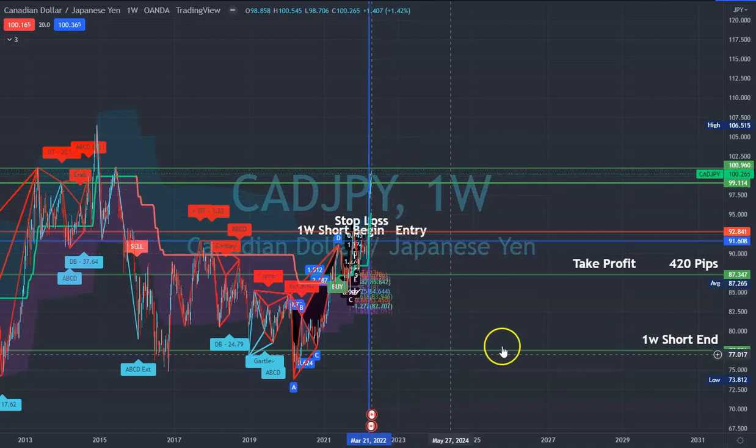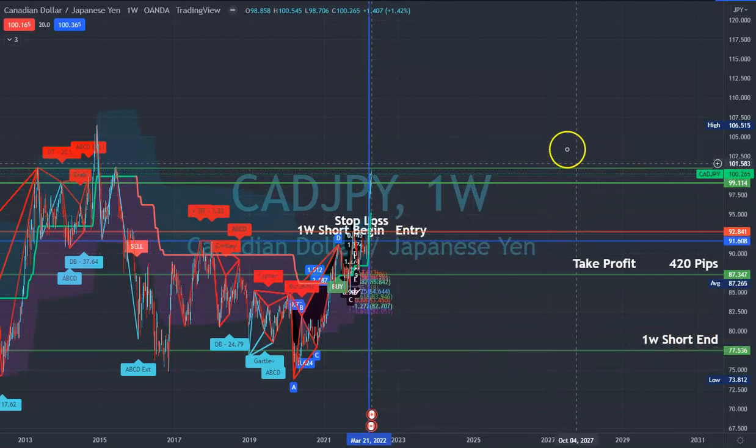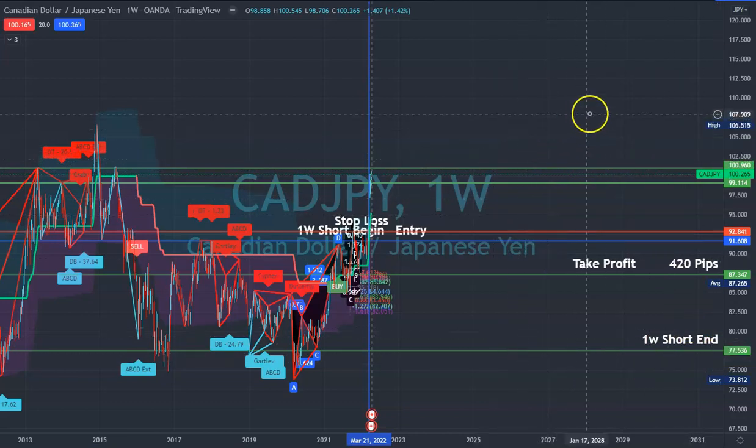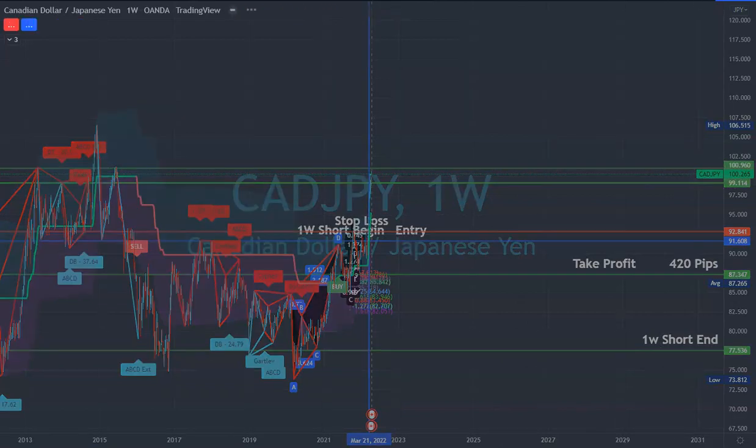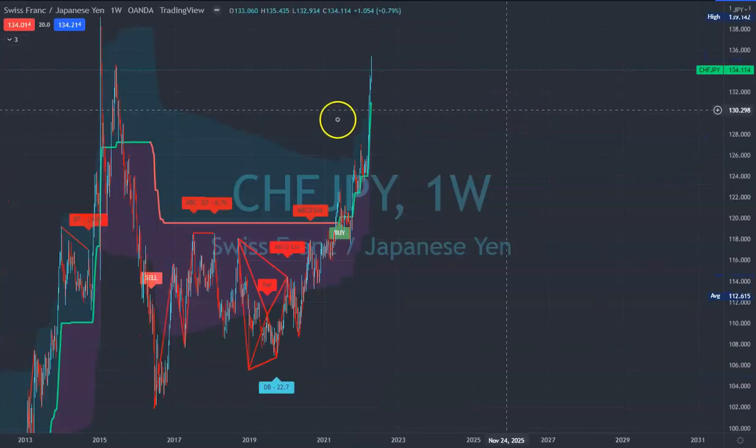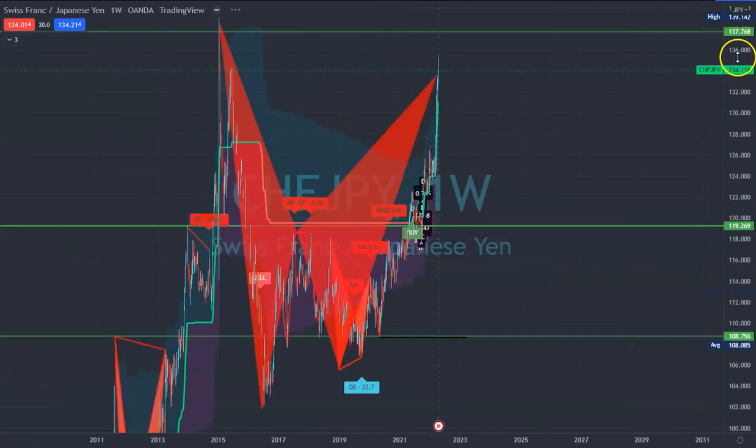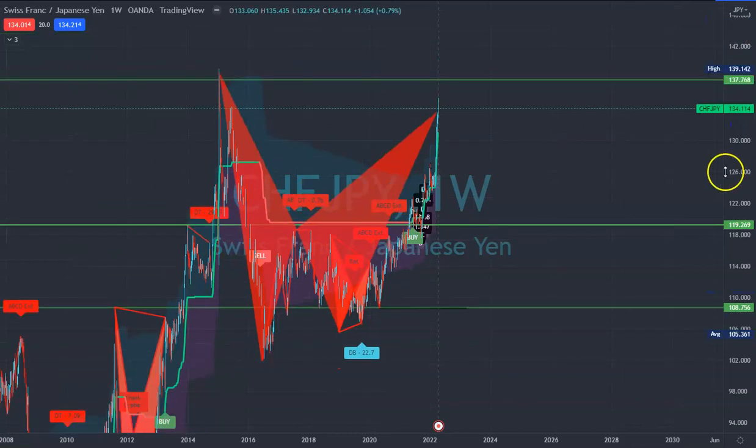So expect this to later come down to here. Once it hits here, you know, we get ready for the big short down to 77. Eventually. So it probably won't be for a while, another month or so, I think. If it happens sooner, then I'm happy. I'd rather have it sooner than later.